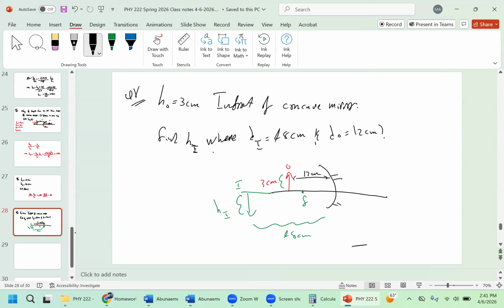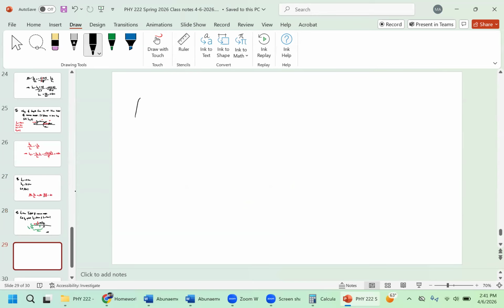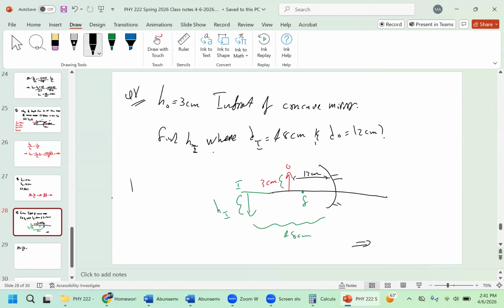So let me go ahead and get a new page. Your magnification is minus DI over DO. You're getting a ray this way, which means this is going to be your positive and this is going to be your negative.